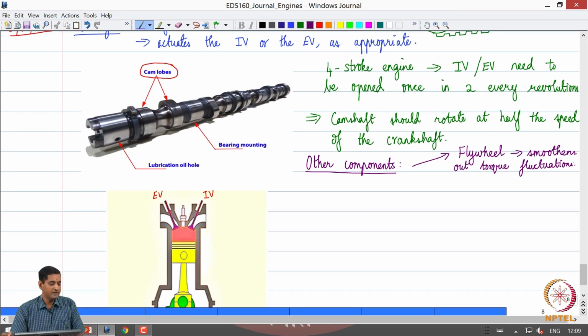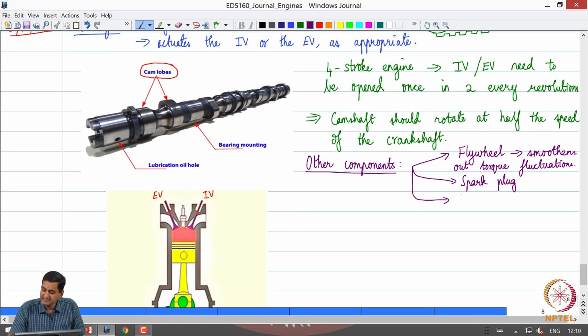Then what are a few other components? We have a spark plug in a spark ignition engine or a petrol engine that provides a high voltage spark. The purpose of a spark plug is to essentially provide a high voltage spark, and that will ignite the fuel air mixture and initiate the combustion process. That is the function of a spark plug.